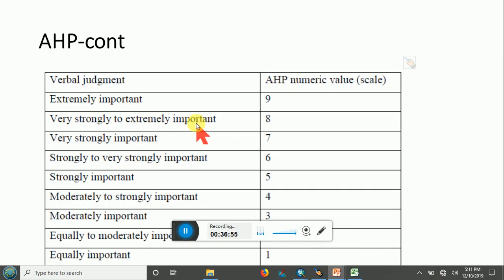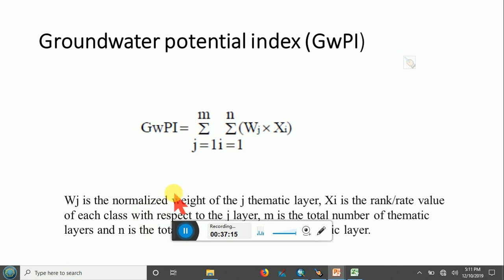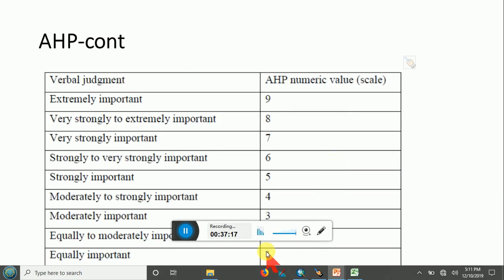When you give 9, it means one factor is extremely important over the other. Take that into consideration. And when you give 7, it means one factor is very strongly important over the other. And when you give 3, it's moderately important. But if you give 1, it means equally important.